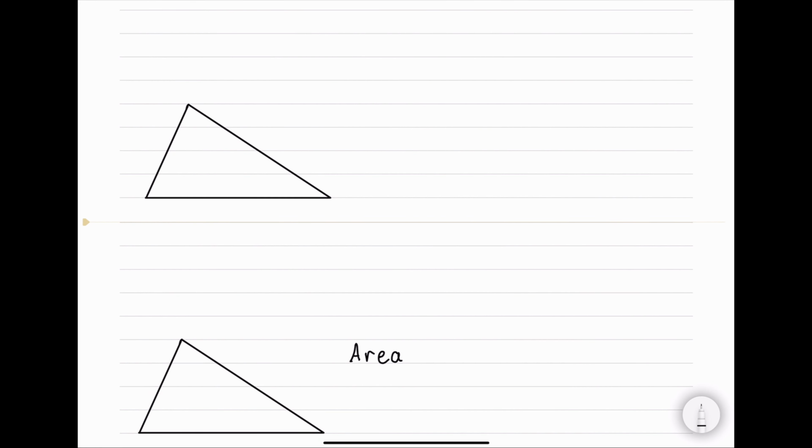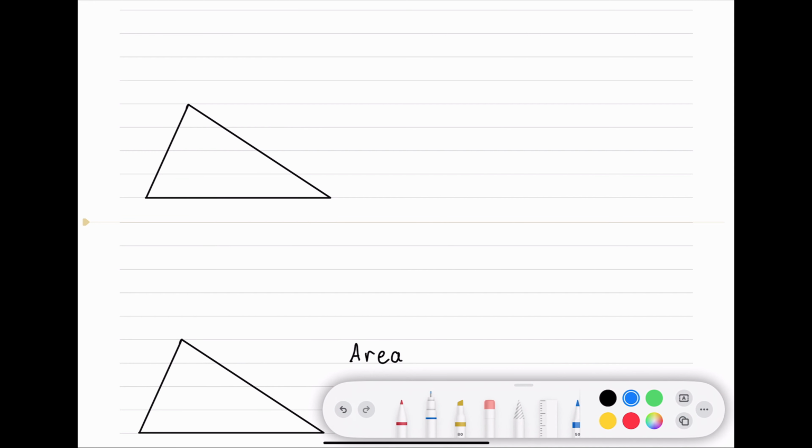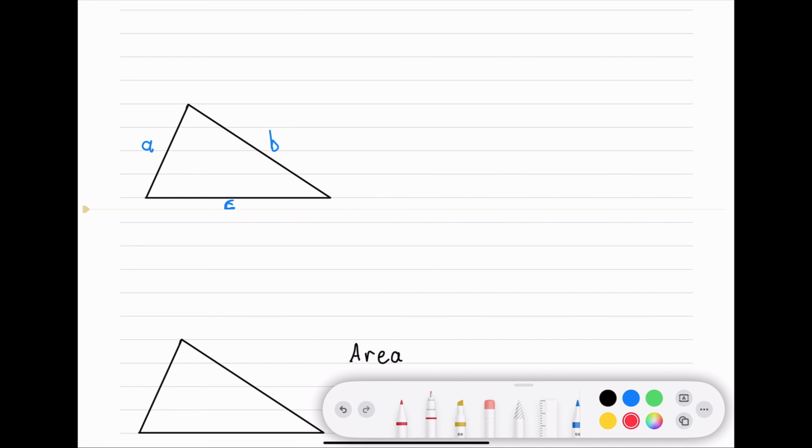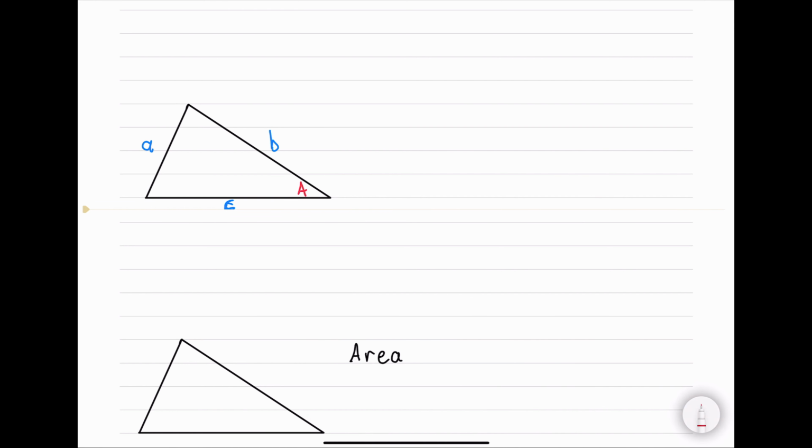And the cosine rule will look as follows. So we are going to label it the same as the previous triangle, with C, and your angles A, B, and C.